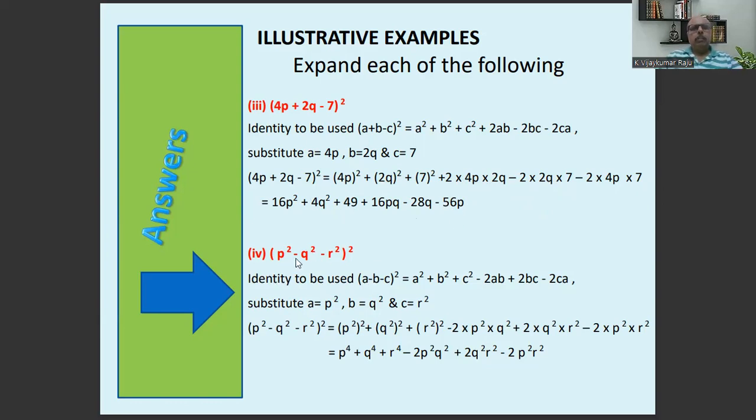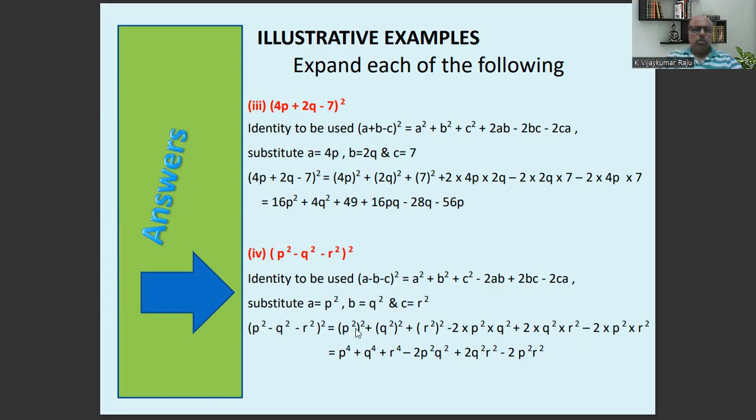Now (p² - q² - r²) whole square. So here the identity is this. So a is p², b is q², c is r². So square of the first term, that is (p²)², (q²)², (r²)², minus 2 into p² into q², plus 2 into q² into r², minus 2 into p² into r².